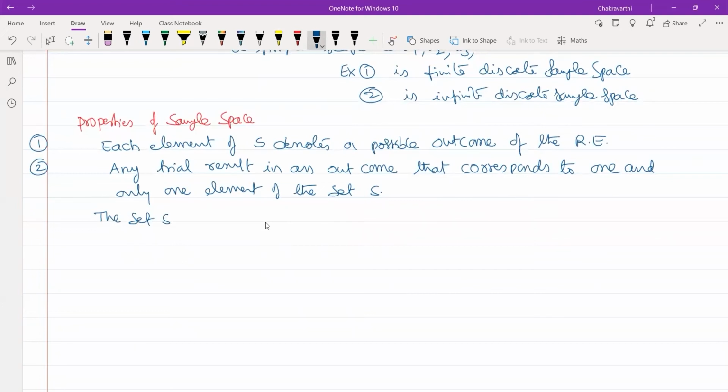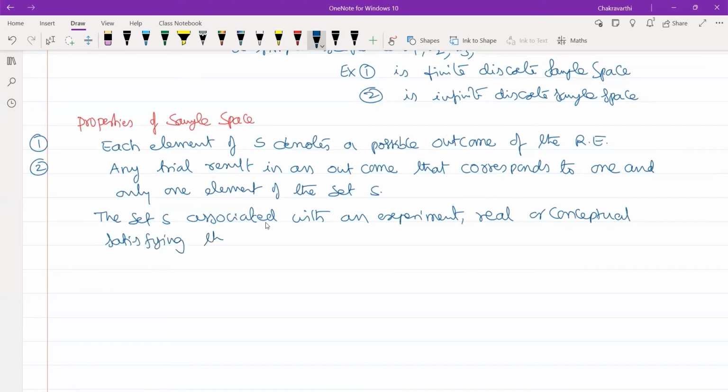The set S, called the universal set associated with a random experiment, real or conceptual, satisfying the above two properties is called the sample space of the experiment.